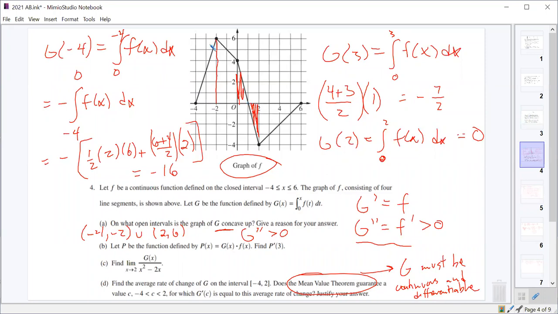F itself is not differentiable on that interval, but that's okay. We're not talking about whether f is differentiable, we're talking about whether g is differentiable. And if the derivative of g exists at every value on that interval, then g is differentiable on that interval. Everybody good there? Yeah? People in Zoom, you good?